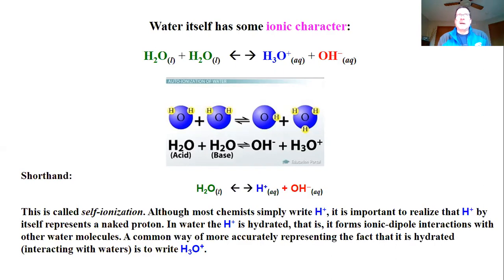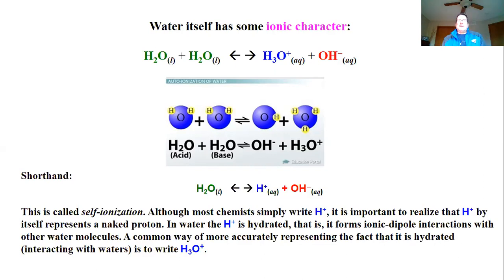This is called the self-ionization of water. It happens at a set rate. At any given time, there's a very small amount of water molecules that are dissociated into hydrogen and hydroxide. Every molecule is constantly going in and out of this phase, but only a small number at a given time, like a picture of time.